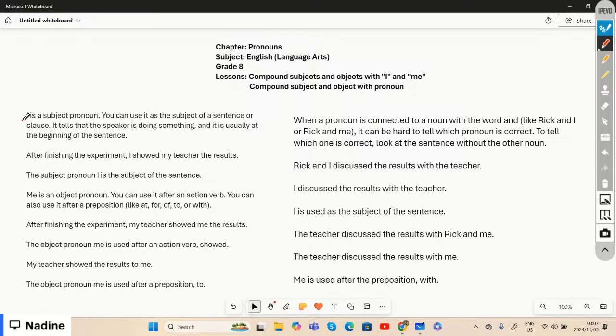So I is a subject pronoun, and we use it as the subject. It tells us about someone within a sentence or within a clause. And it tells us that the speaker is doing something. The speaker, the subject, is doing something. And we say that I is usually at the beginning of the sentence.